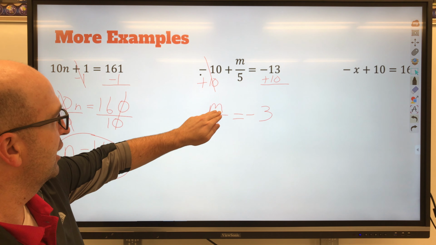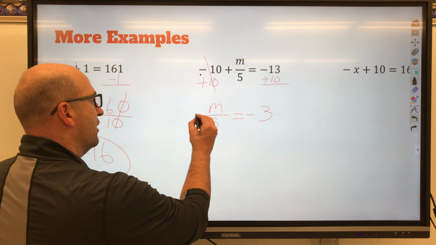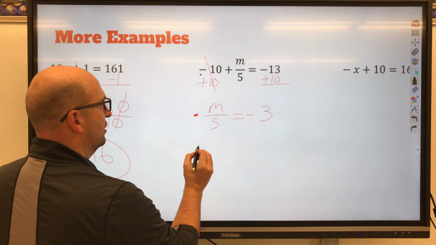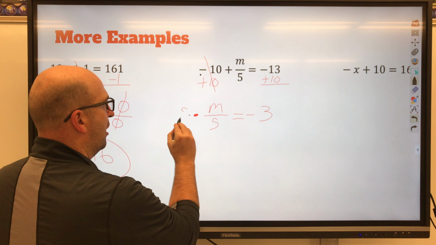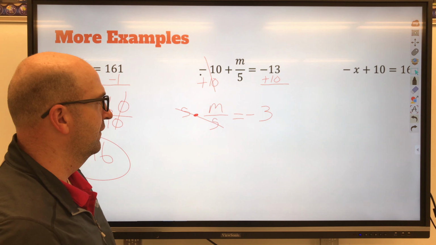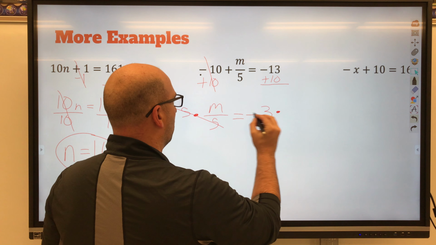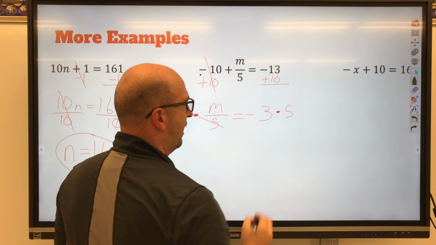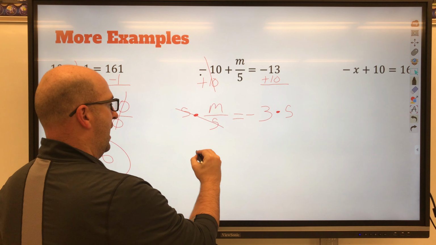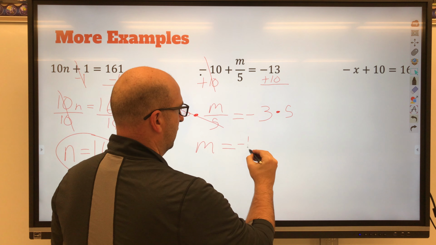To get m by itself, we do the inverse operation here. We've got division. The inverse operation is multiplication. We multiply by that denominator, and that cancels out. What we do to one side, we must do to the other. So I multiply this side by 5 also, and then m equals negative 3 times 5, negative 15.